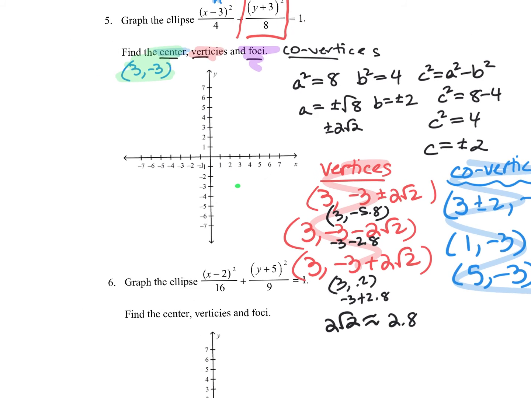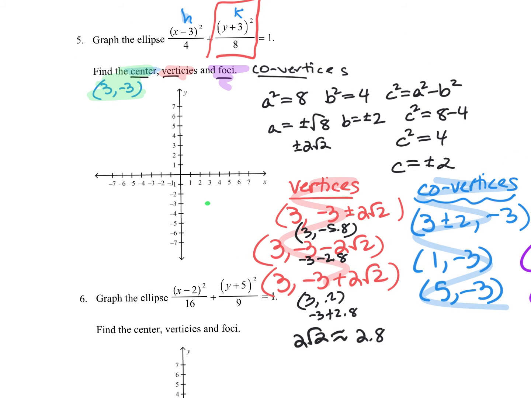So let's get all these on here. I've got a vertex here at positive 3, negative 5.8, and then another one really close to the y-axis. As long as you're in the general vicinity, when these are radicals, I'm not looking for exact, because your graph is going by ones.